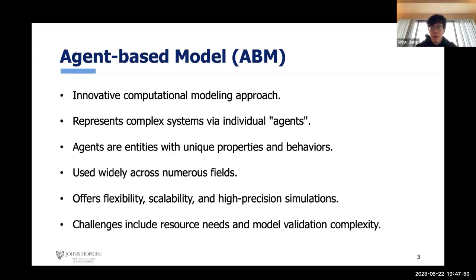And there is also the problem of model validation complexity, because there are always some unexpected situations in the real world that we cannot always program into our simulation, and it would take lots of computational resources to do that. So this is something that we also need to consider.